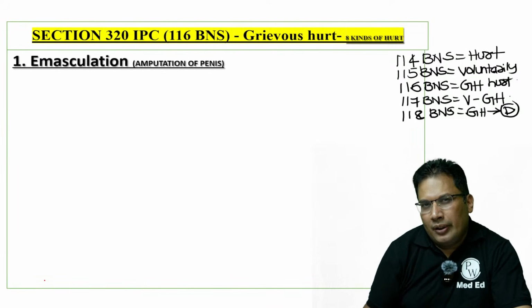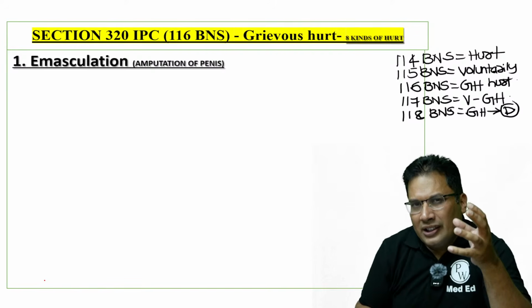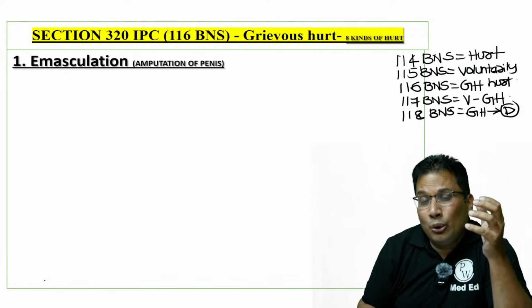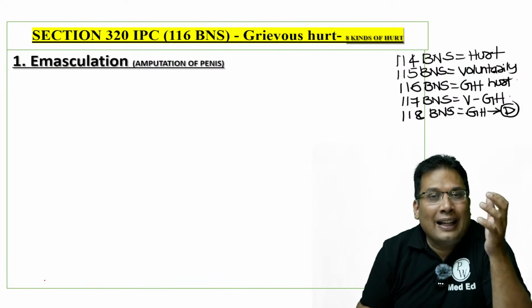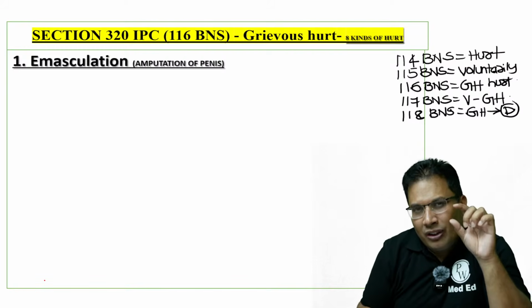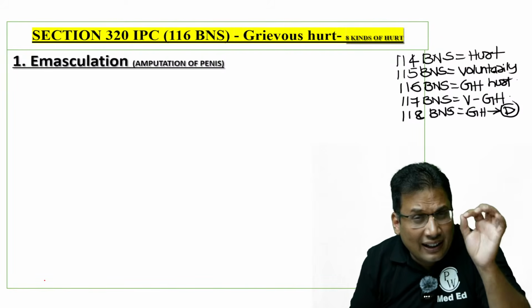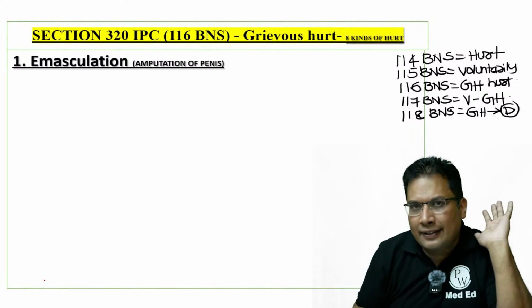Emasculation is the inability to do sexual intercourse in male. So this clause is basically related to only males.